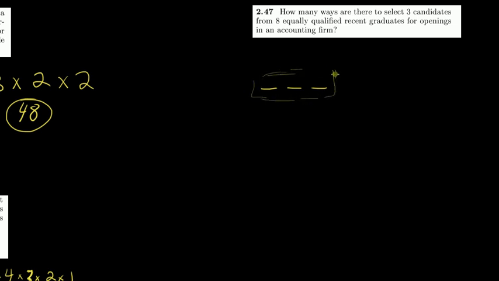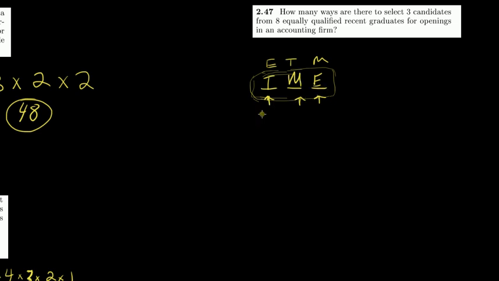They didn't say that these are the first place candidate, second place candidate, or third place candidate, right? They never said anything like that. So if it's Tom, Mary, and Ellen, that's the same thing as Ellen, Tom, and Mary, right? The order of these three candidates does not matter at all.